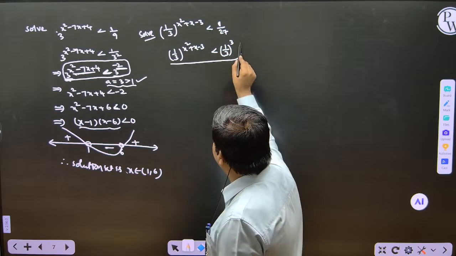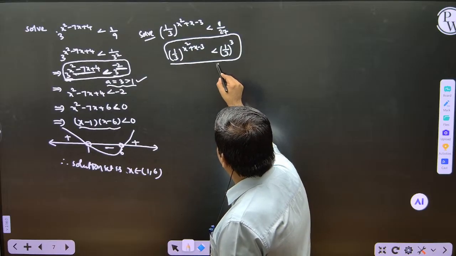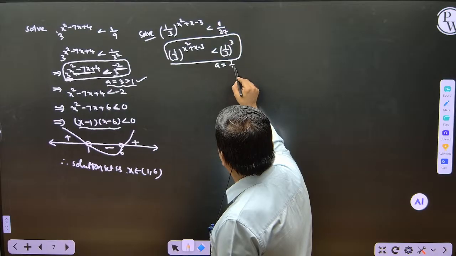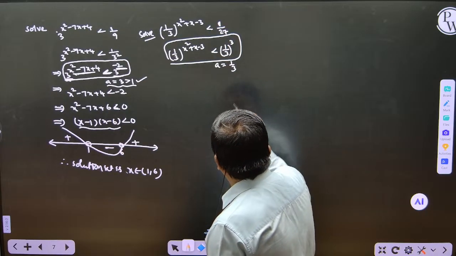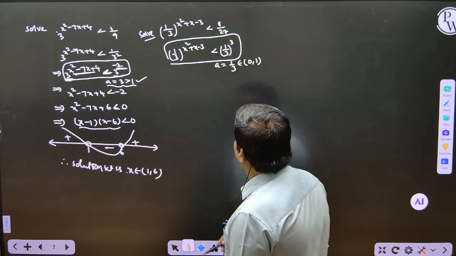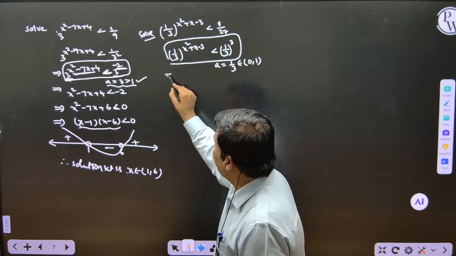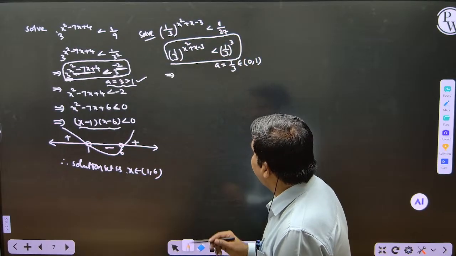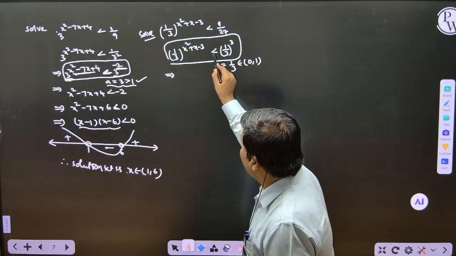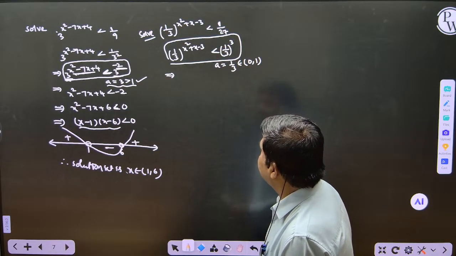Now this is also which function? An exponential function whose base is 1 by 3. It belongs to which interval? 0 comma 1. So when it belongs to 0 comma 1, then what happens? The exponential inequality and the powers' inequality are opposite, or not?